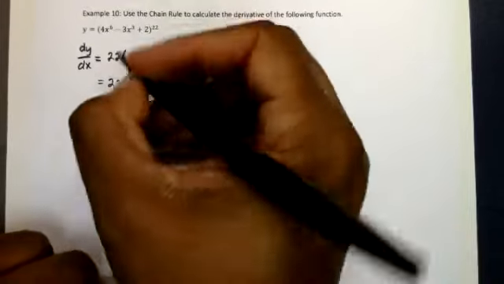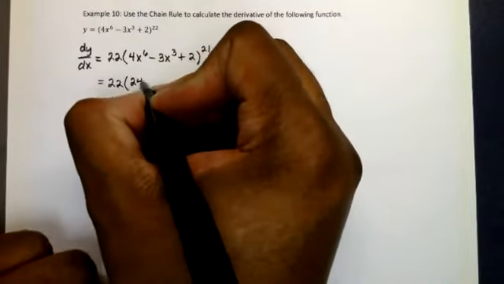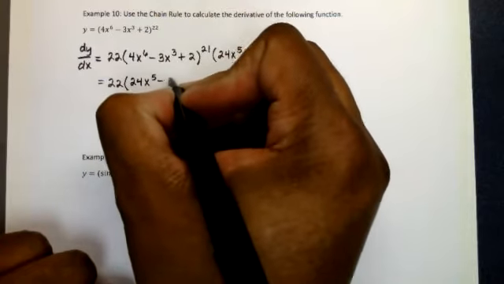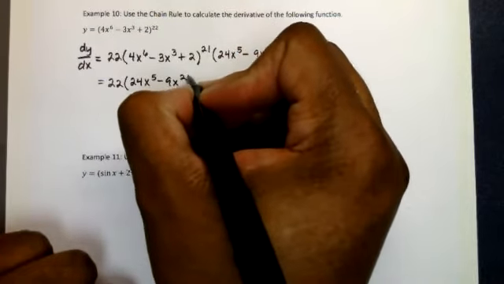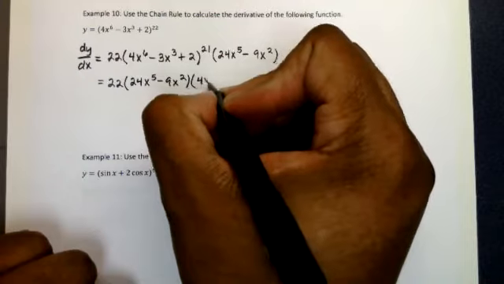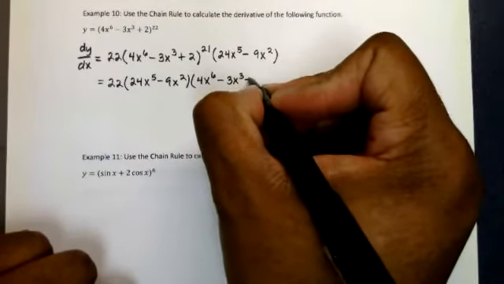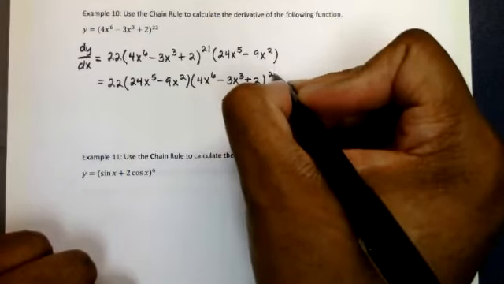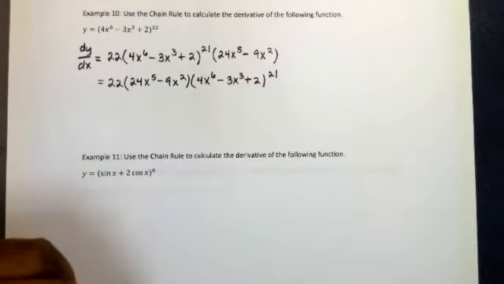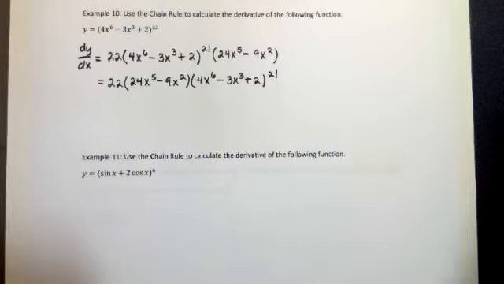I'll put that 24x to the 5th minus 9x squared where the 22 is, and then 4x to the 6 minus 3x cubed plus 2 raised to the 21st power. So that would be the derivative of y equals the quantity 4x to the 6 minus 3x cubed plus 2 raised to the 22nd power.